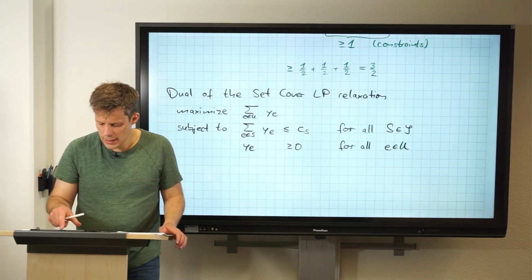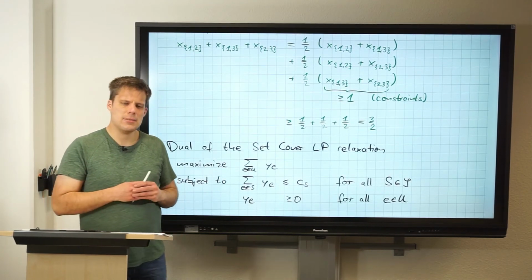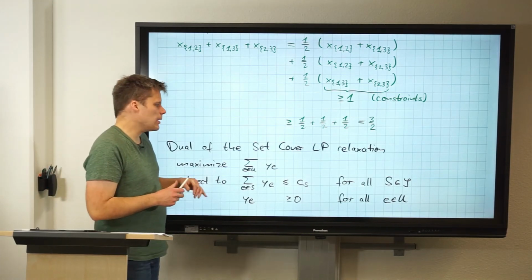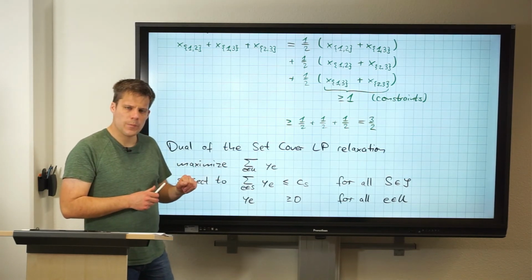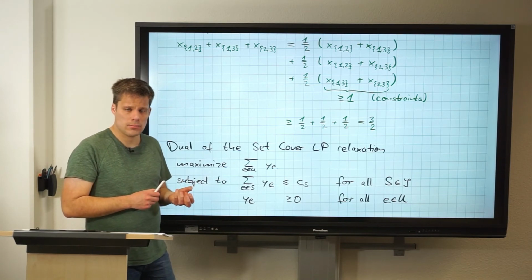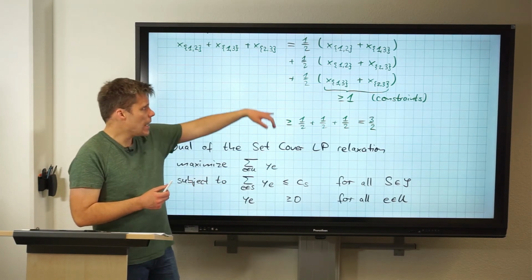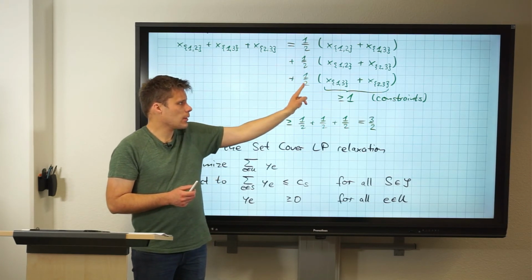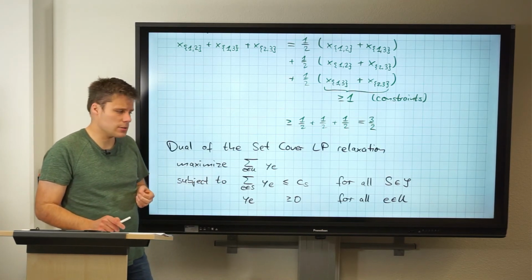Let's see this again in the context of our example. What does this mean? What is a dual solution? A dual solution is nothing but these ye, where we now have a variable for every element, whereas before we had a constraint for every element. And these are now these multipliers here, which we were using in this example before to rewrite the objective function value.